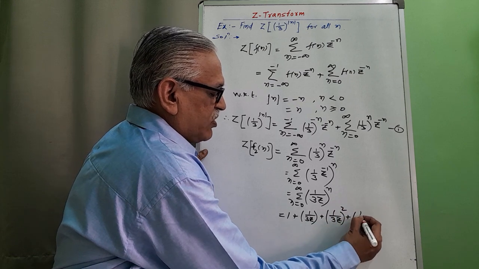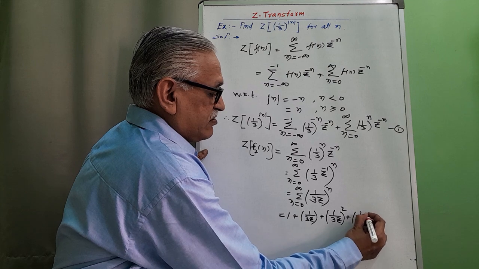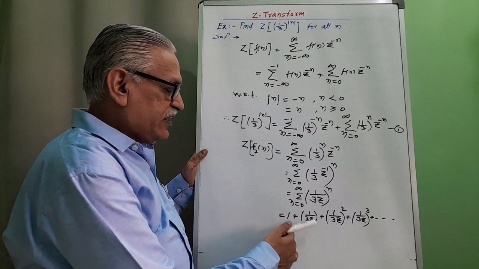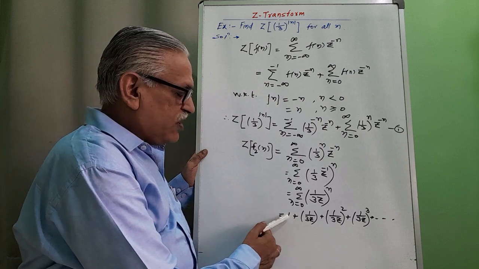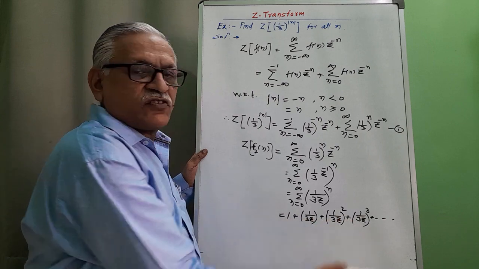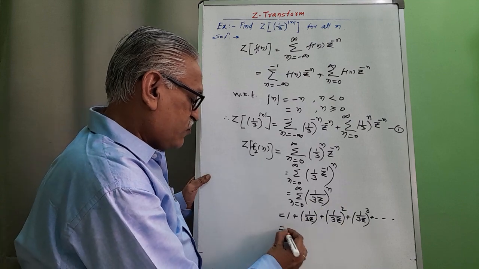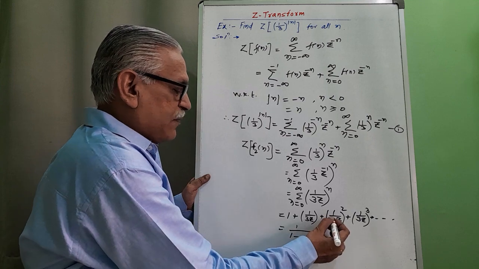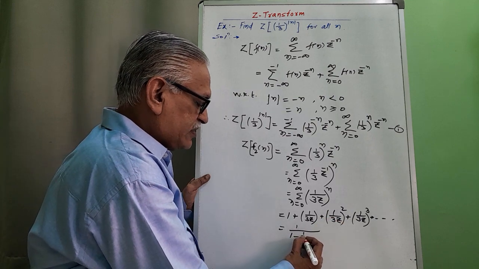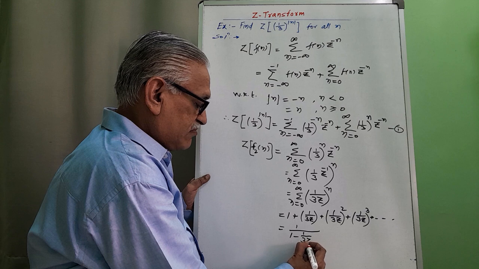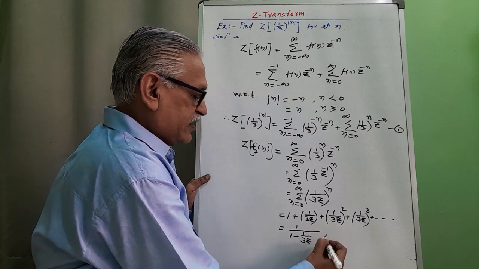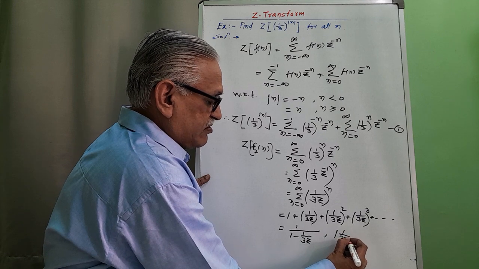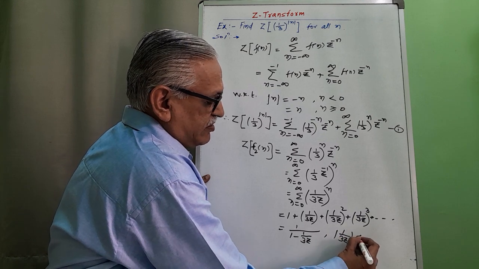Next, (1/(3z)) cube, and so on. Once again, the sum of 1 plus x plus x square plus x cube and so on is 1 upon 1 minus capital X, where capital X is here 1 by 3z, and the condition is mod of 1 by 3z less than 1.